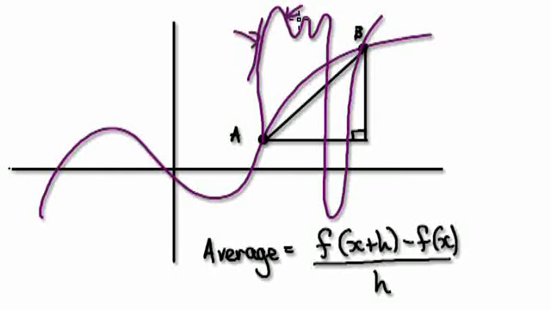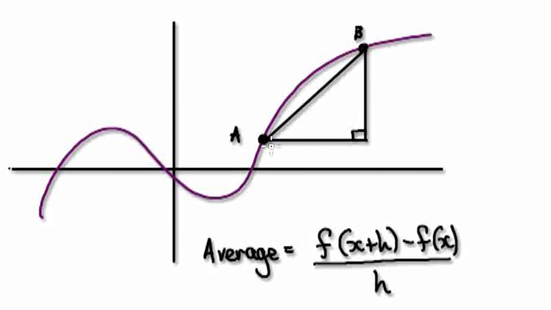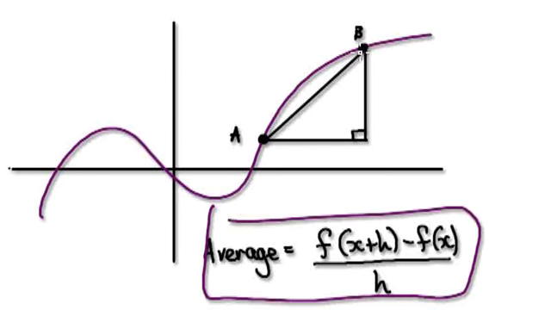The gradient here is negative. The gradient here is really steep, positively steep. The gradient here is negatively steep. But overall, the average gradient would be this here. So you would just get the height divided by the width here. That would give you the average.